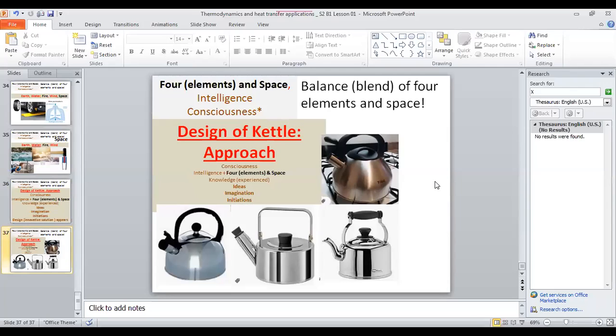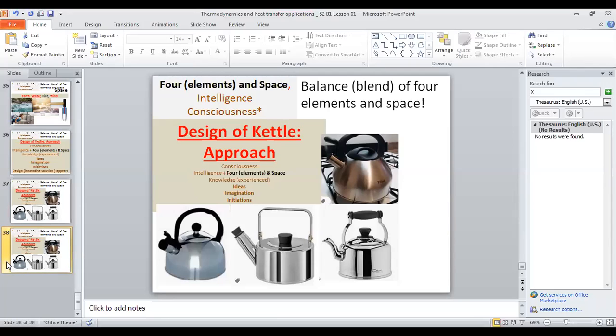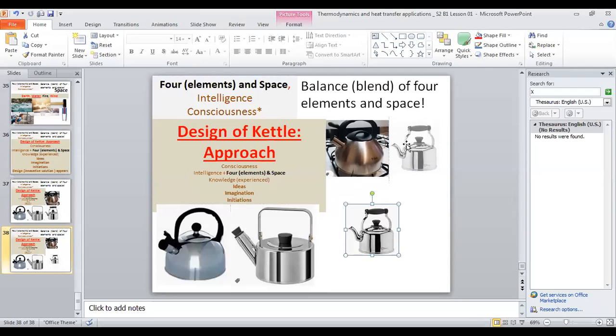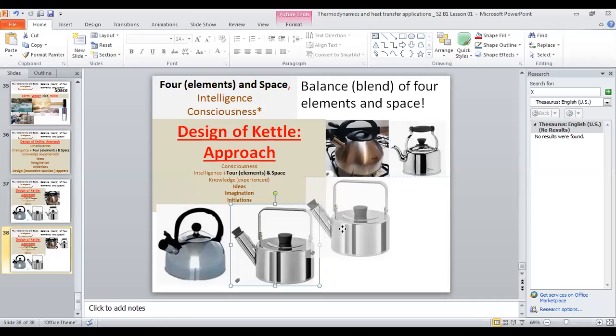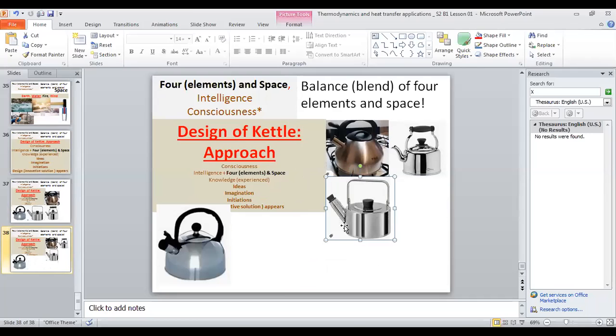But let's say in the first design, when you develop this as a technologist, what would be your approach?